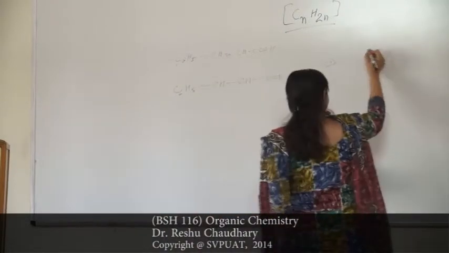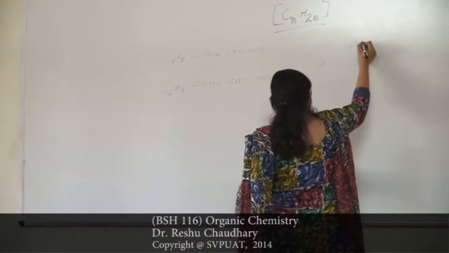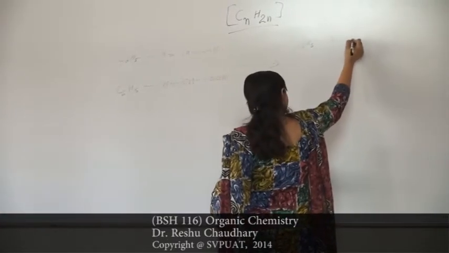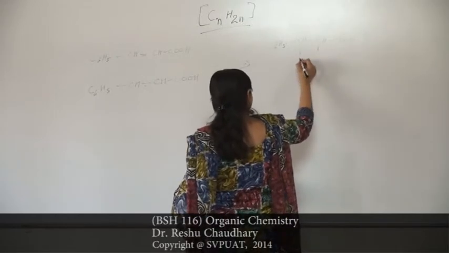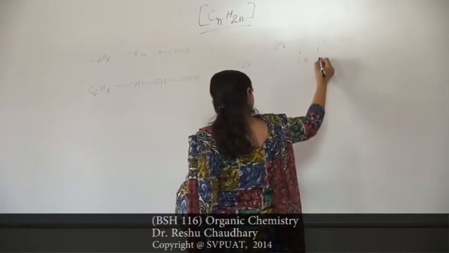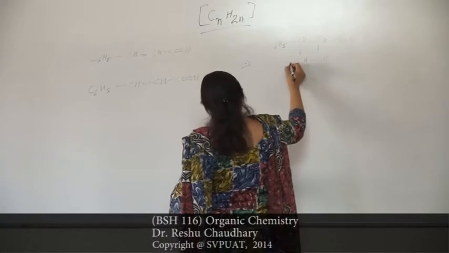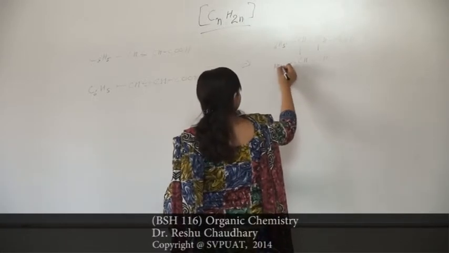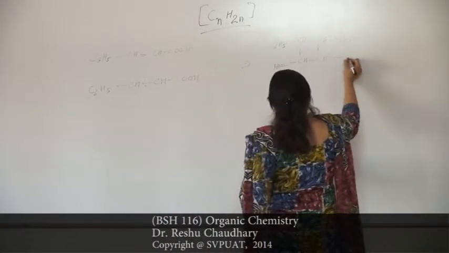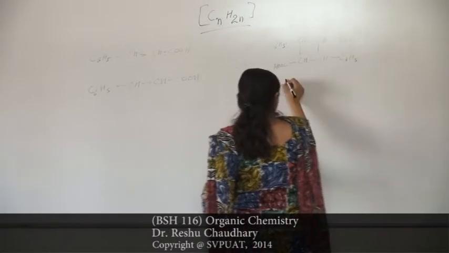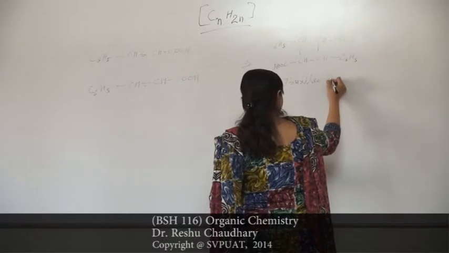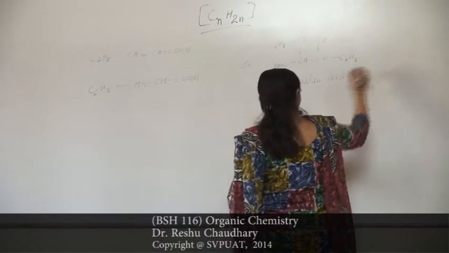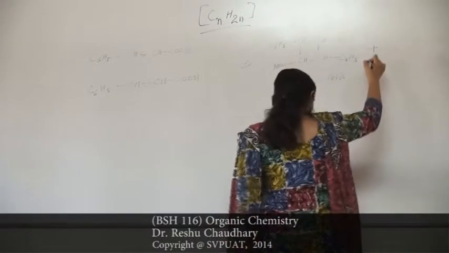When they react, then forms C6H5 CH single bond CH single bond COOH. This is one acid, and one more product will be formed.